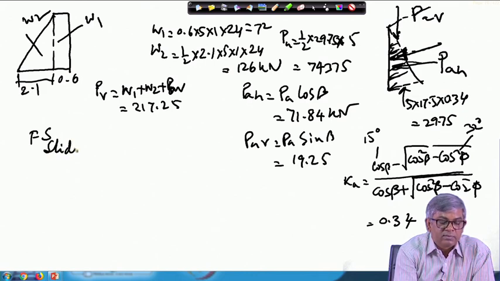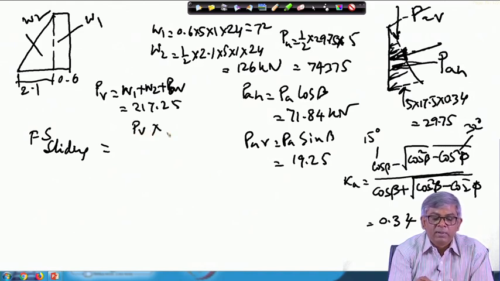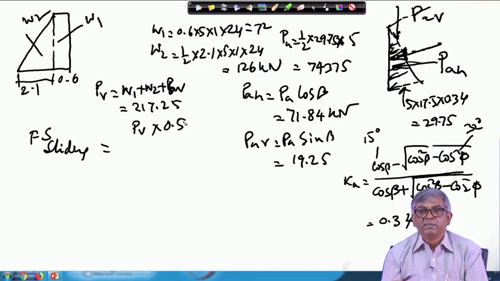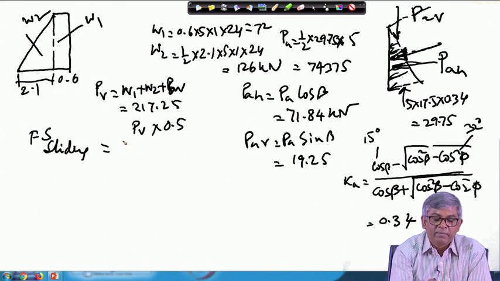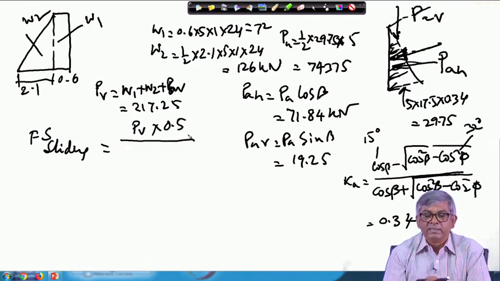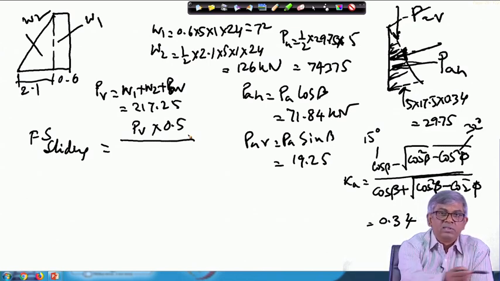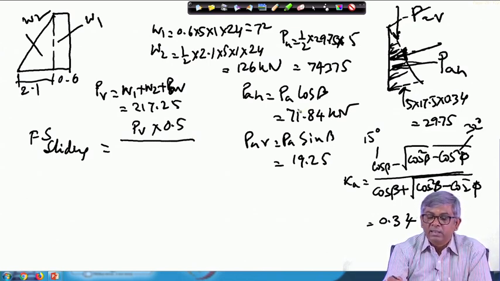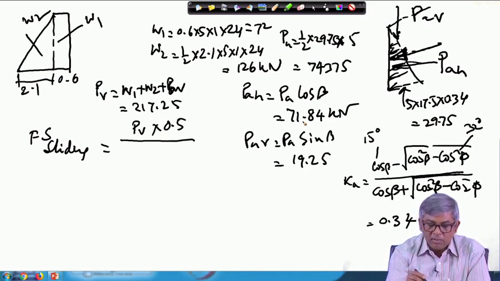So, the factor of safety against sliding: the resistance will be PV multiplied by the frictional coefficient, which is given as 0.5. Frictional resistance at the base will be PV multiplied by 0.5, and the horizontal force that tries to push the wall for sliding is PA horizontal, 71.84.